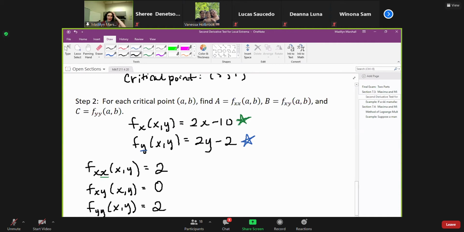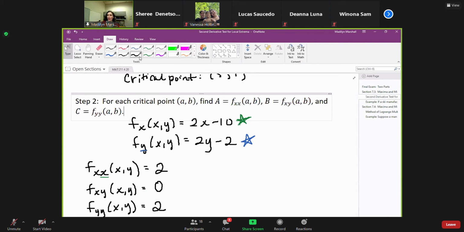So this happens a lot. You probably noticed on your homework that a lot of times when we do the second order partial derivative of polynomials, a lot of stuff just goes away and we end up with something a lot simpler than expected. So here we just have 2, 0, 2. Technically, and I want to do this now because it might happen later, A is this second order with respect to X twice with our critical point (a, b) plugged in.